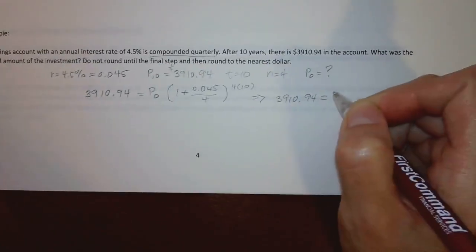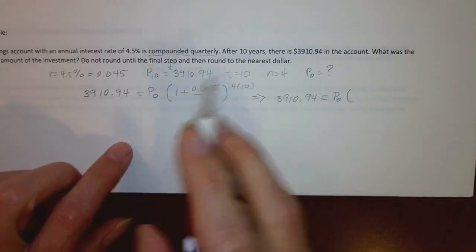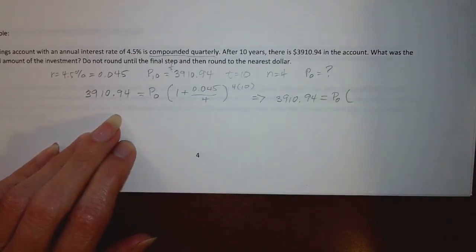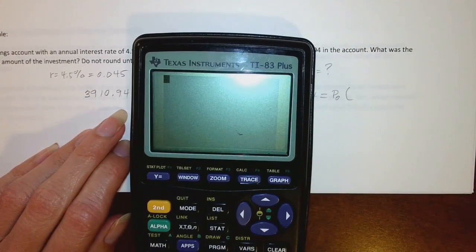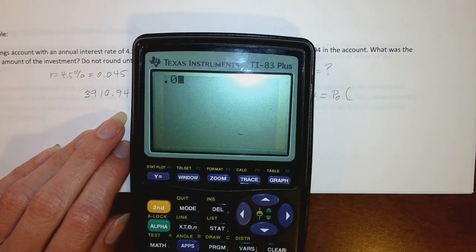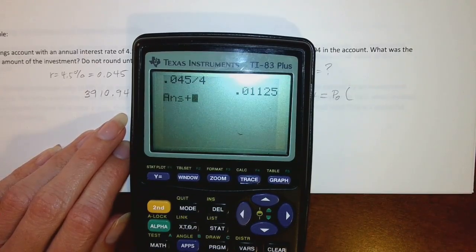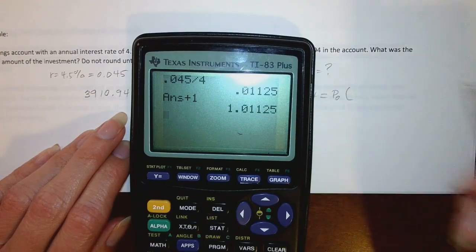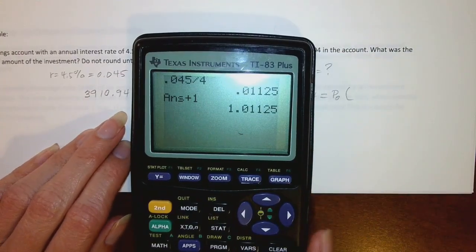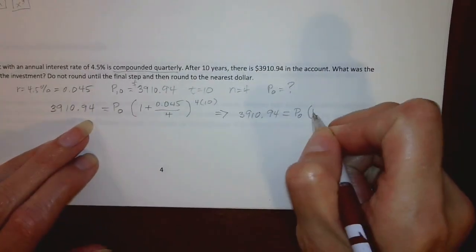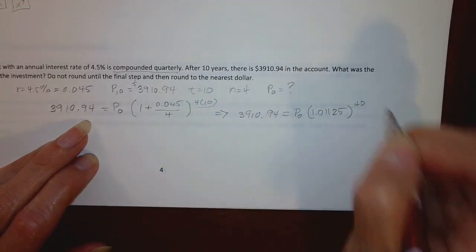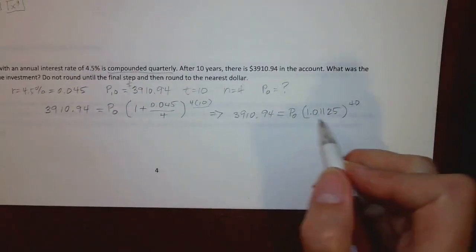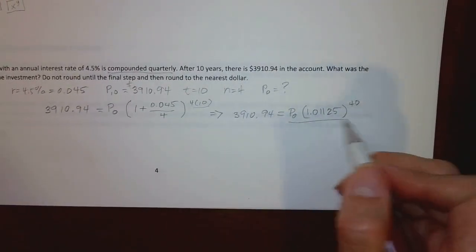If I calculate what's in the parentheses, I put in 0.045 divided by 4, then add 1 to it, and that gives me 1.01125. And I know 4 times 10 is the 40th power. So I want to divide both sides by this mess right here so I can get P naught by itself.